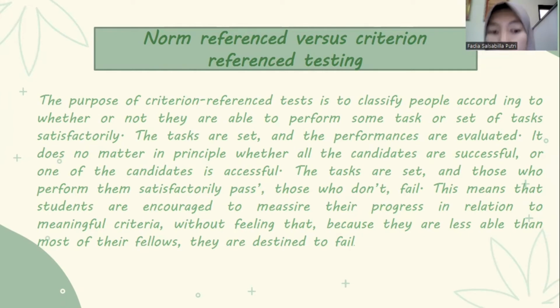The tasks are set and the performances are evaluated. It does not matter in principle whether all the candidates are successful or none of the candidates is successful. The tasks are set and those who perform them satisfactorily pass.